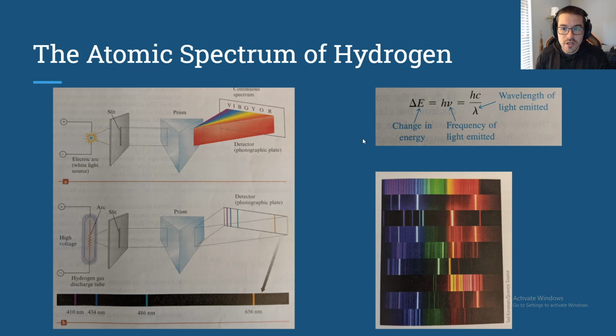One other thing we need to talk about is the atomic spectrum of hydrogen. So take that information about quantum and quanta, put it on the back burner for just a moment. Let's talk about what's going on here, and then we're going to put those things together as we move forward. Once again, I said that we're telling a bit of a story.